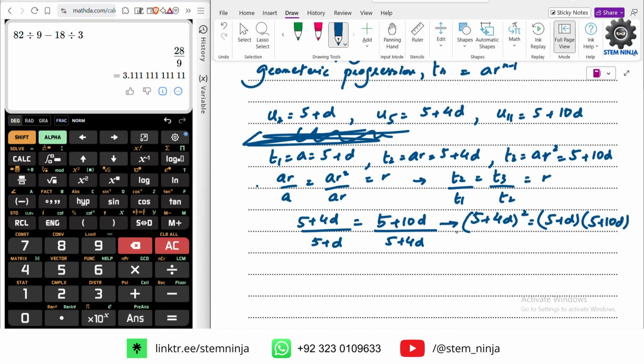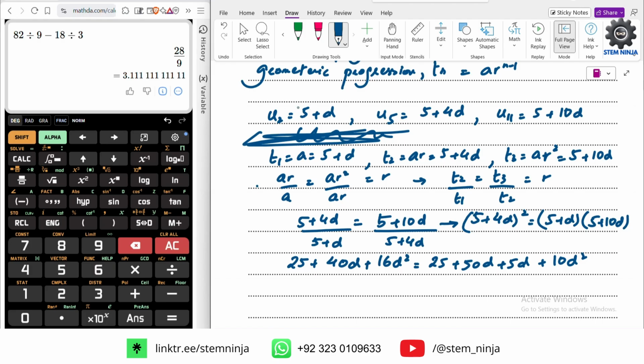Okay, so (5 plus 4d) whole squared would be 25 plus 5 times 4, 20, 20 times 2, 40d, plus 16d squared, equals 5 times 5, 25, plus 50d plus 5d plus 10d squared.